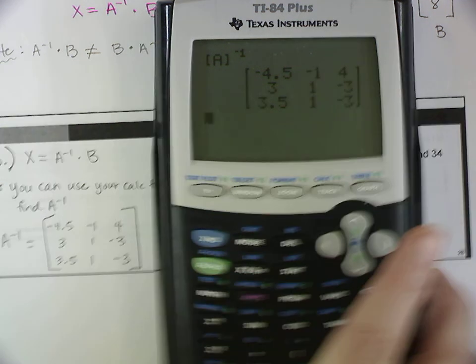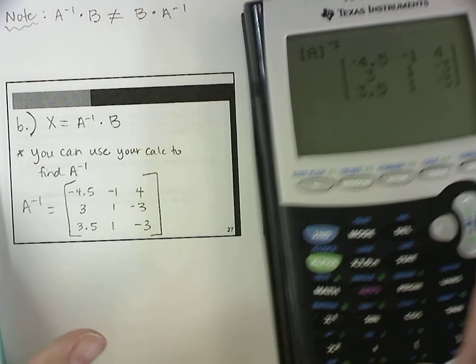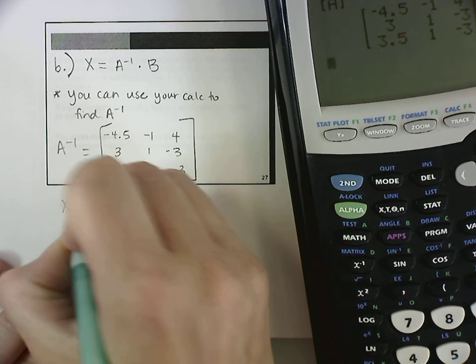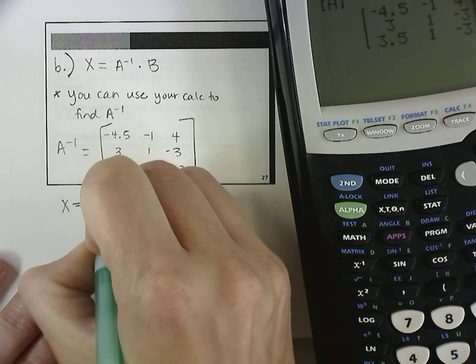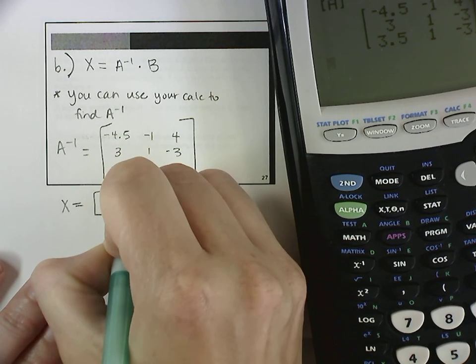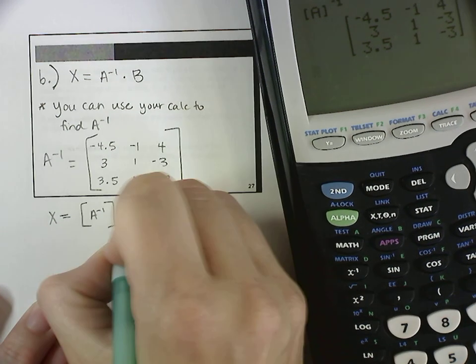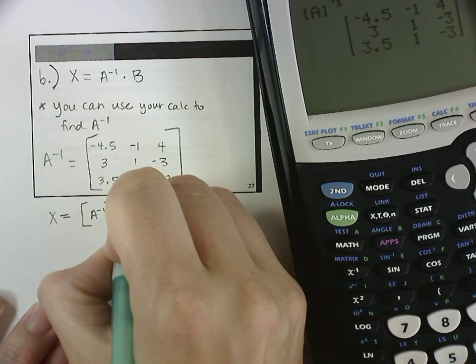Okay, so what we have to do is we have to find x. So we know that x is going to equal A inverse times B. So x is going to equal, and you don't have to write the whole matrix again, it's going to be the A inverse matrix times B, and our matrix that's B is right here.